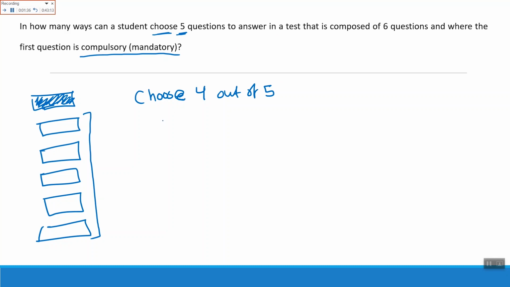You're free to choose only 4 out of 5, and the answer is C(5,4). After reduction, this is 5. So you can have either of the 3 in the choices, and this is the answer of this question.